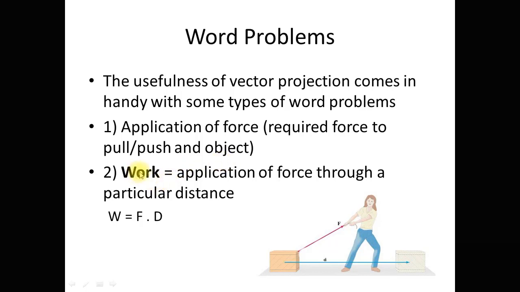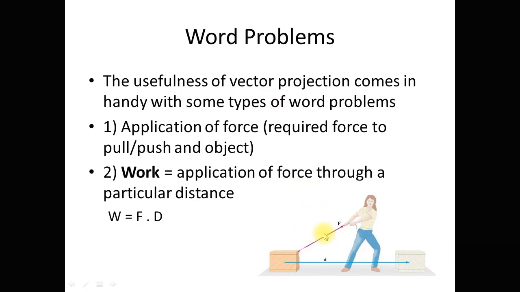Number 2, work, the application of force through a particular distance. Work is equal to F dot D. So you see over here this is the force and this is the displacement, and F dot D is equal to work. And this is a clear example of projection.